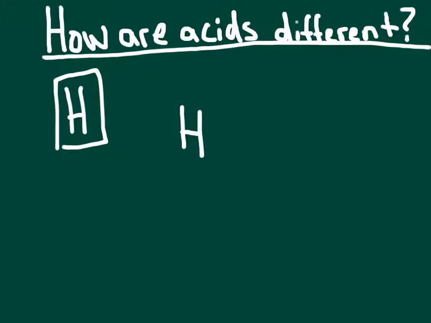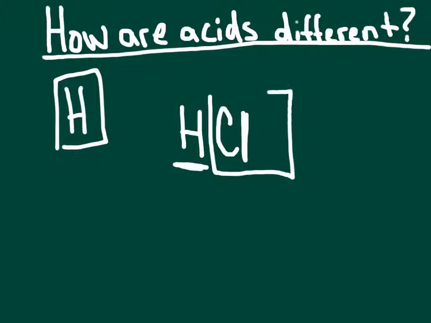So for one of our most common acids, hydrochloric, it's written first. And if you see this hydrogen in front, no matter what the anion is, it could be HS, HBr, H phosphate, they're all acids.